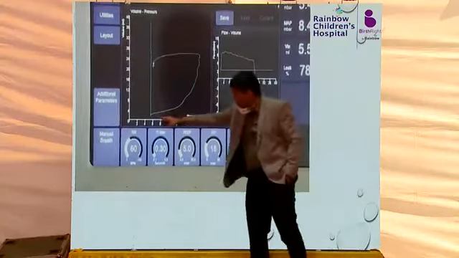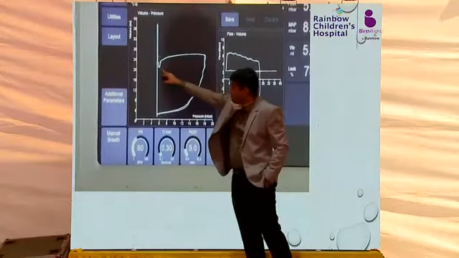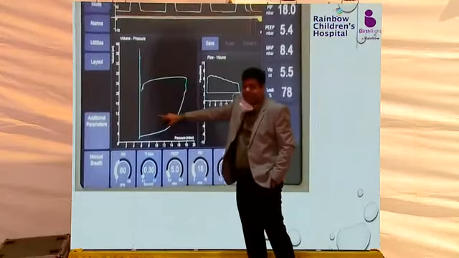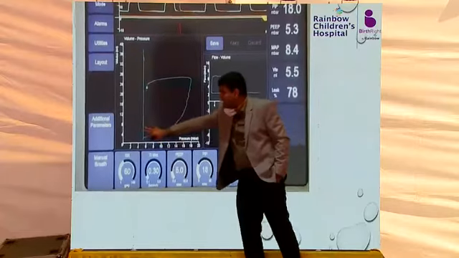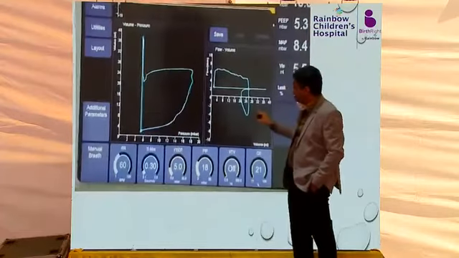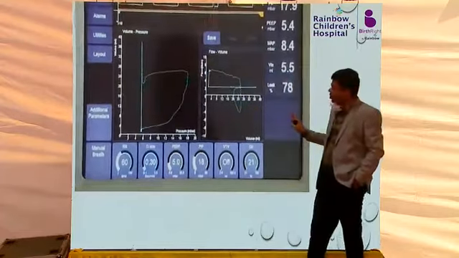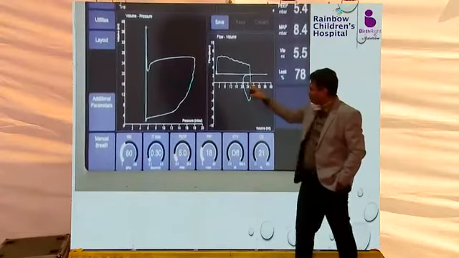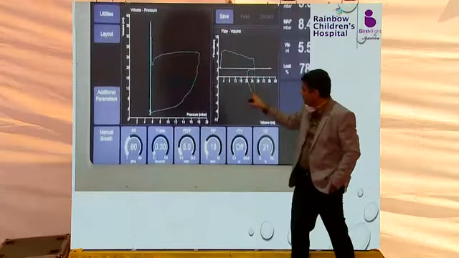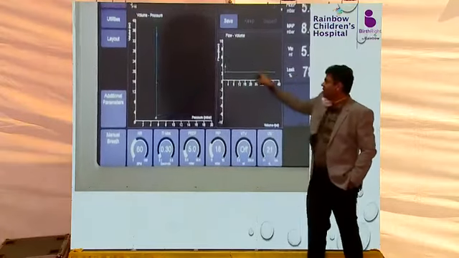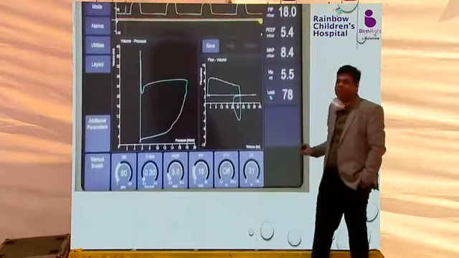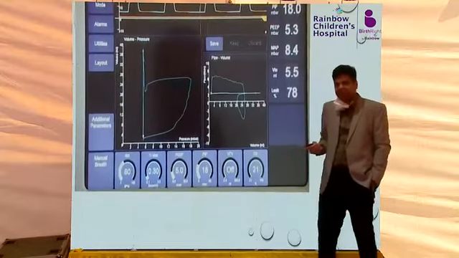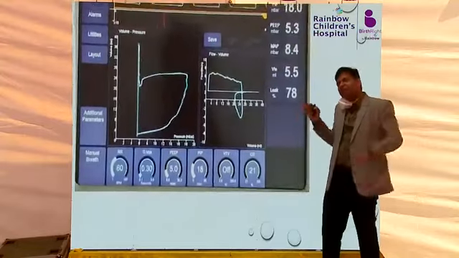So whatever inspiration has gone, if the expiration is not coming to the baseline or not connecting here, that defect is the leak. Similarly, on the flow volume, you see that inspiratory flows are full, but the expiratory flow should have come here, but the expiratory flow is finishing early. That is the leak.